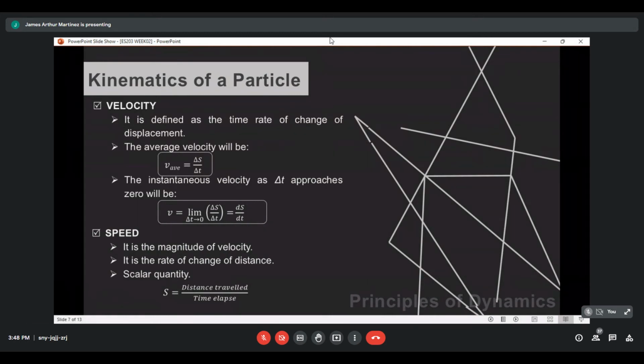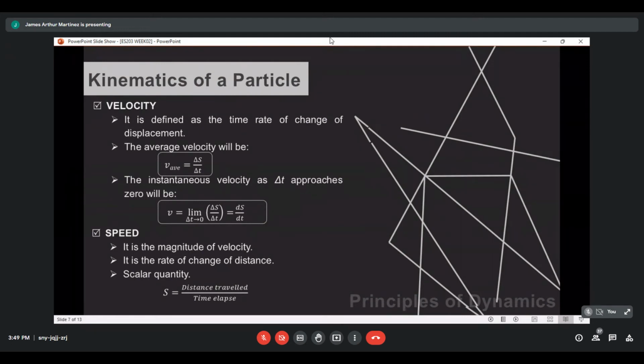So instantaneous velocity refers to the velocity at any given time. From the root word instant, at hand or at the moment. So instantaneous velocity means the velocity at a specific time.